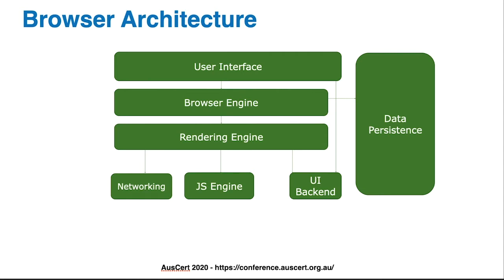Then we have a UI backend, which uses the user interface methods of the underlying operating system, for example, drawing widgets. And then we have a persistence layer, which is a data persistence layer used to store data locally, for example, cookies.